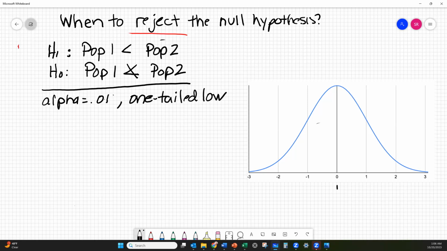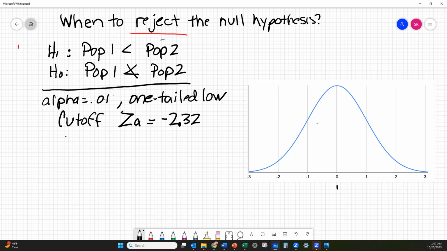And we know that in this condition, the cutoff point, Z alpha, the Z-score associated with alpha, is negative 2.32. We know this from looking it up in that online calculator tool.